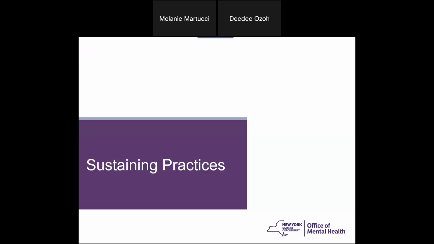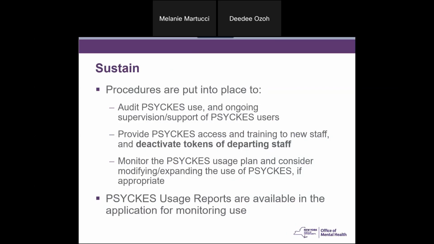After spending time planning and putting those procedures and workflows into practice, it's important to sustain those practices. Some of the things that can be done to sustain practices are auditing the use of PSYCKES. This can be done by checking the PHI Access module and seeing if staff are using the application and also how they're using it.